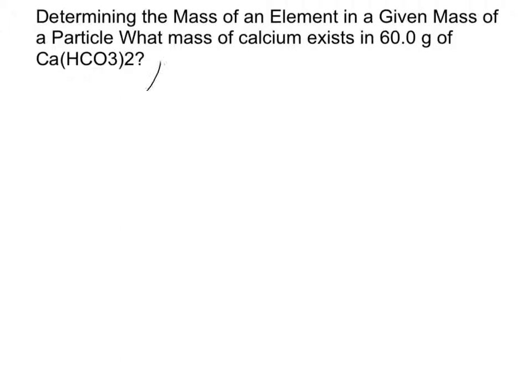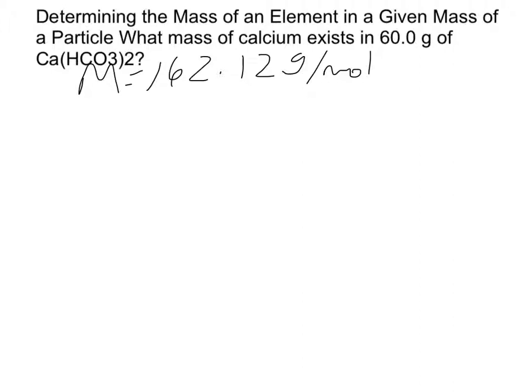Just believe me when I say it's 162.12 grams per mole. In class I showed how to get that number, but I hope by now you know where I'm getting that, and that would be the molar mass of our compound, calcium hydrogen carbonate.